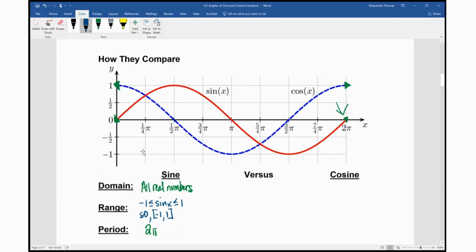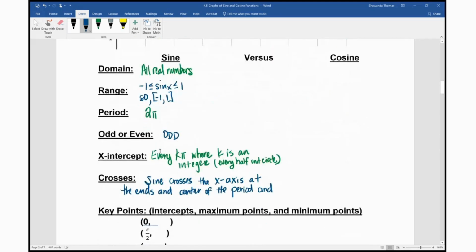So at the ends and the center it crosses the x-axis, but at the quarters it's either the highest amount or the lowest amount. Peaks at the quarters of the period.